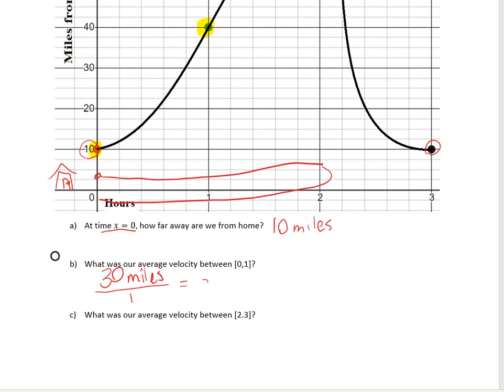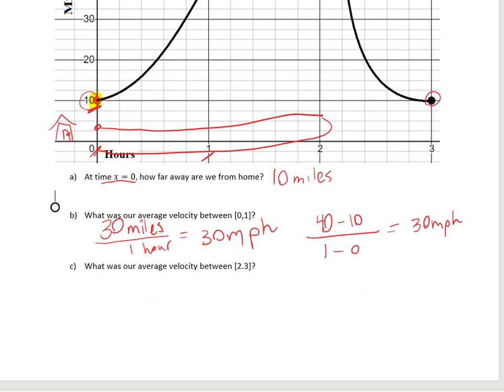So our average speed then would be 30 miles per hour, since the bottom is measured in hours. Now, how we did that is that we took 40 minus 10. So we took the difference in our y-coordinates, and then we divided it by 1 minus 0, which is the difference in our x-coordinates, to get our 30 miles per hour.